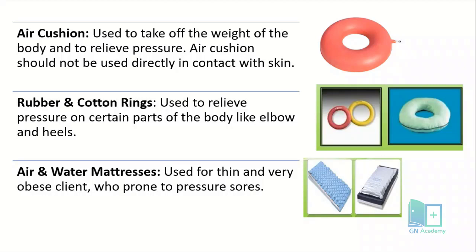For example, if there is a very thin surface area between the body part and the mattress, there is no allowing of air, so it may suffocate the skin and cause a decubitus ulcer or bed ulcer. To prevent that, we use the air and water mattress.